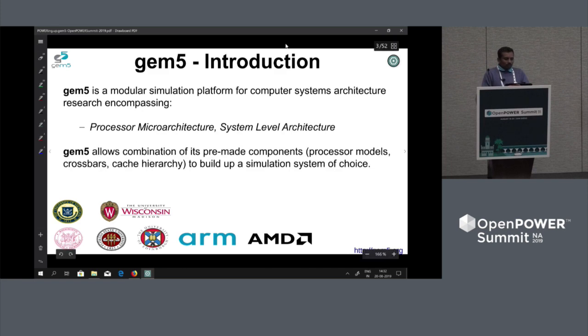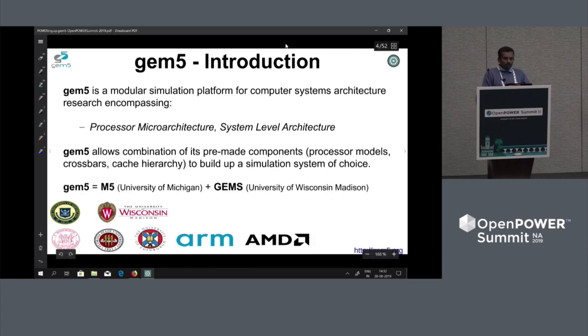Basically, gem5 has existing components for processors, the memory subsystem, the I/O subsystem, and some of the interconnect, and one can rig up a system of a particular configuration and execute workloads either in full system mode or in the system emulation mode.